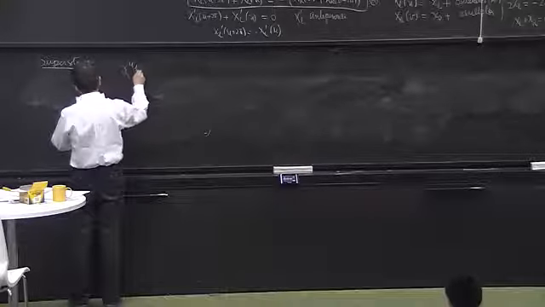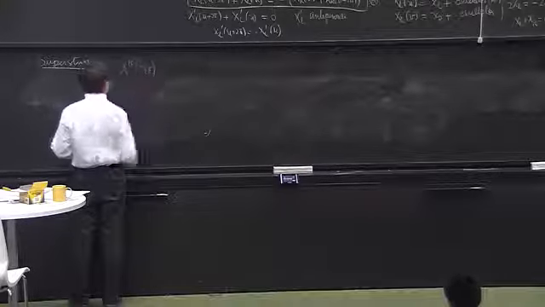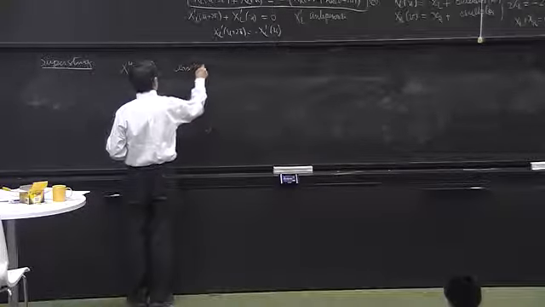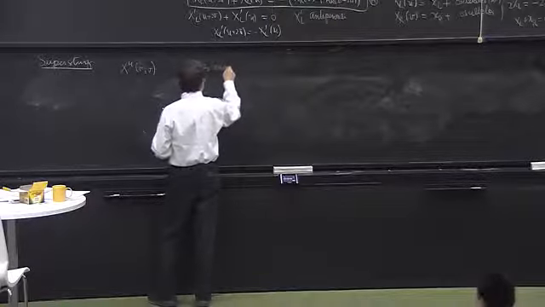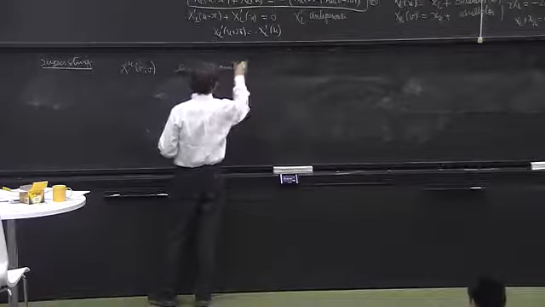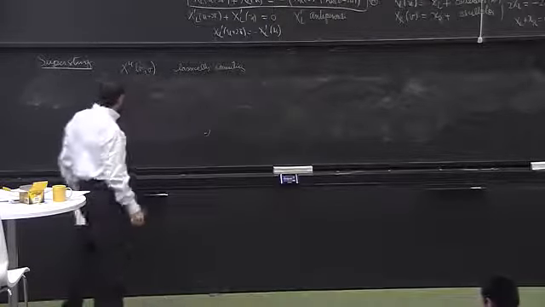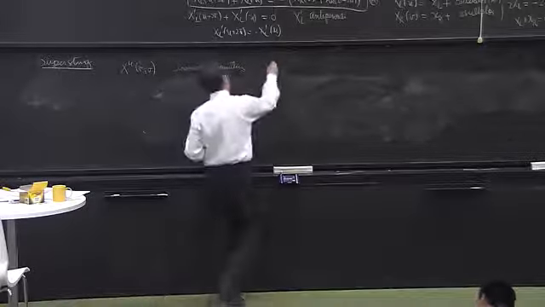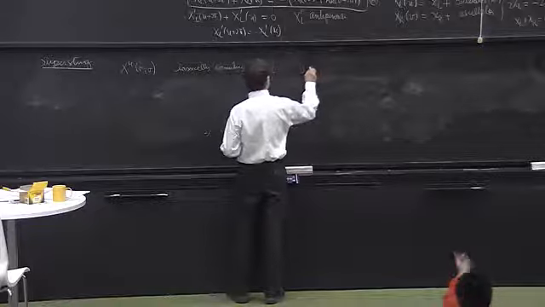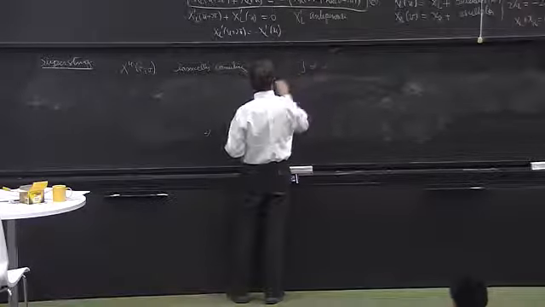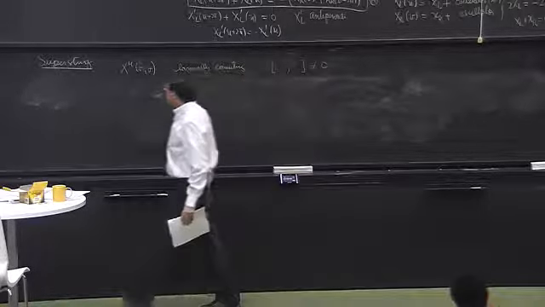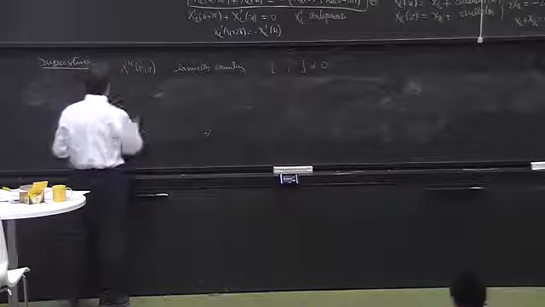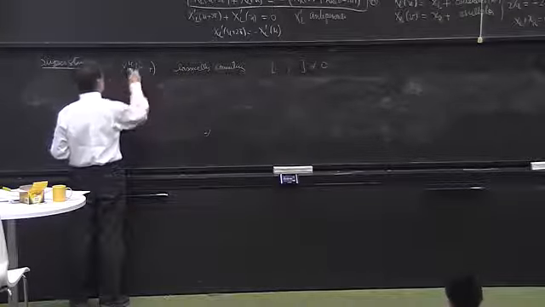We had X^mu of tau and sigma that were classically commuting. In the classical theory, these were commuting variables, but in the quantum theory, sometimes the commutators are different from zero.